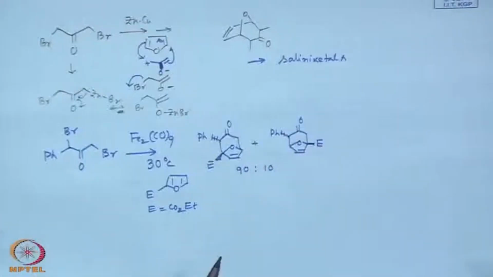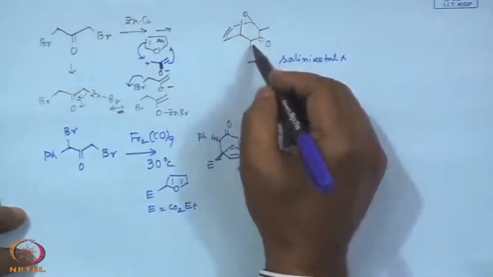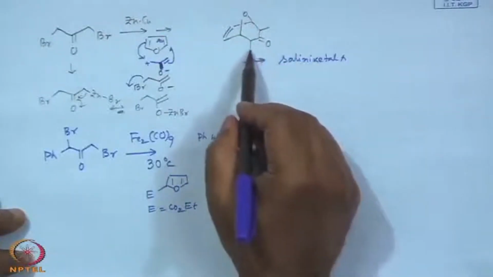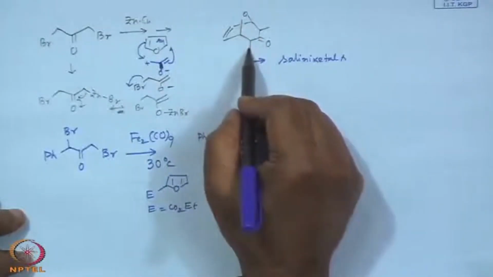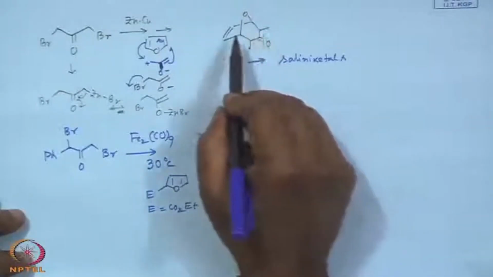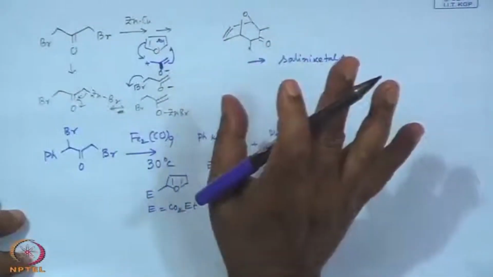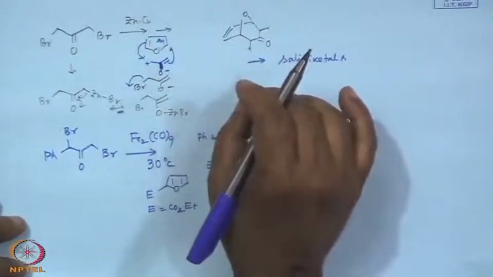So, that is not a problem, but in most other cases you get a mixture of compounds, okay. That means, for example, in the previous case these methyl groups can be alpha to the oxygen or beta to the oxygen, and all kinds of permutation combinations would be possible. That is the drawback of this 4 plus 3 cycloaddition reaction.